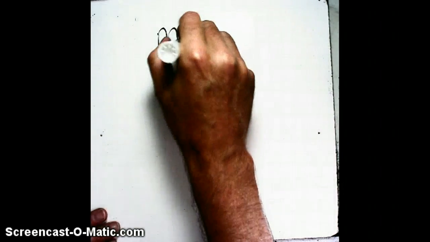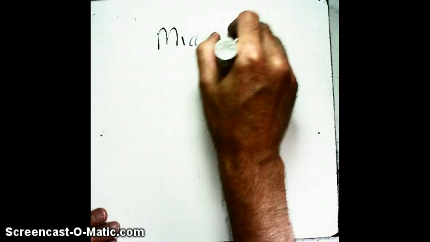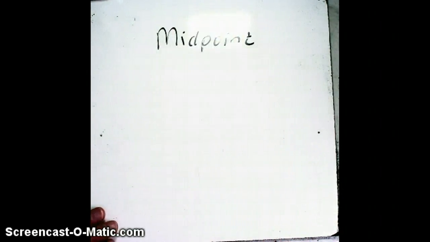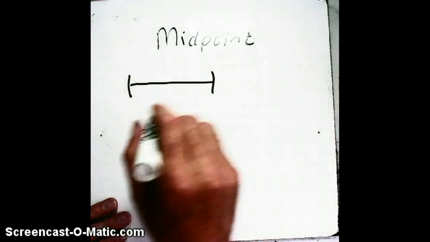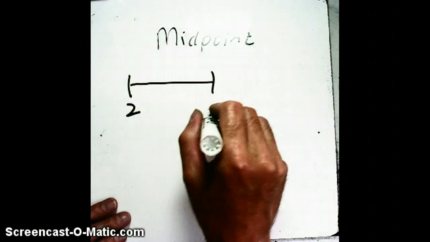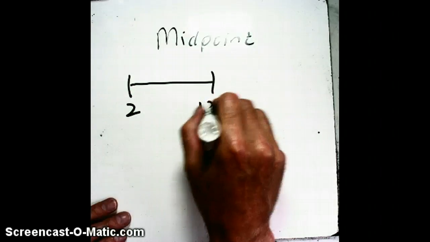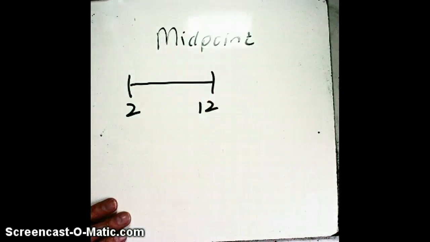The next thing I need to do is talk about midpoint. Midpoint's pretty easy, so let me just get to it. You're on I-20, you're at mile marker 2, your girlfriend or boyfriend's at mile marker 12, you've got to meet in the middle, neath those old Georgia pines.